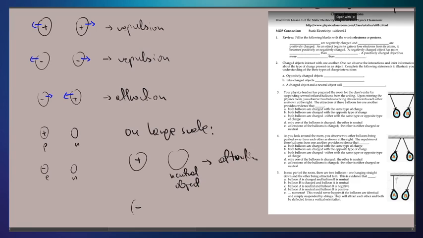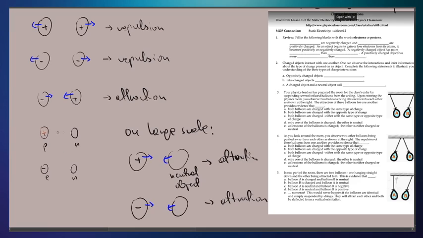And a negatively charged object and a neutral object, what you get is attraction. All right, so to indicate this with arrows, you get an attractive force existing between the two.